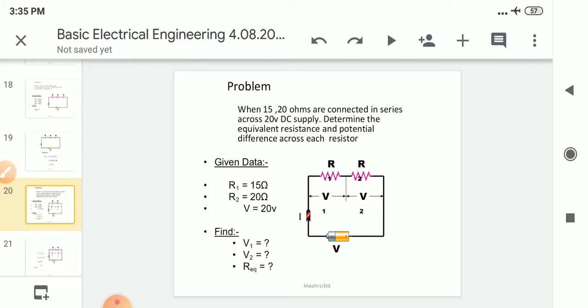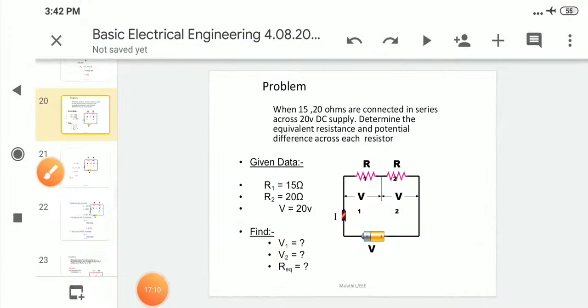When 15 ohms and 20 ohms are connected in series across a 20 volt DC supply. Here this is a DC supply of 20 volts. Here R1 is 15 ohms, R2 is equal to 20 ohms, and V is equal to 20 volts.